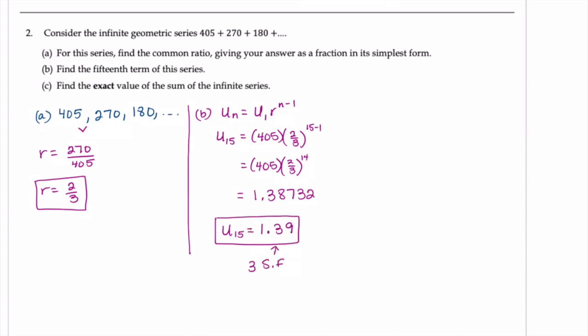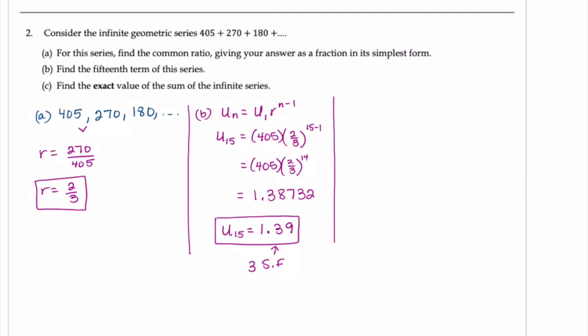Okay, so for part B, using my nth term formula, I found the 15th term to be 1.38732 and so forth. I wrote my answer using 3 significant figures.